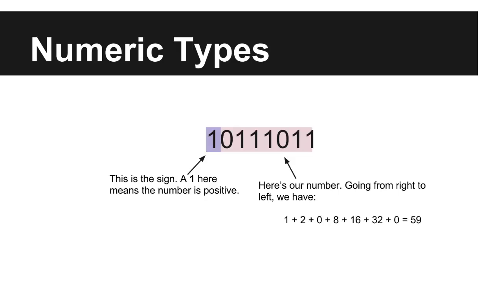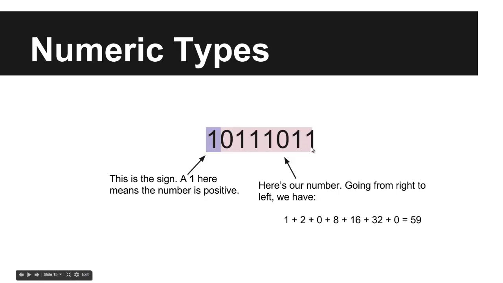And so with binary, this is a thing that you might have to look up if you want to really spend time with it. The easiest way to handle it is to go from right to left. So going from right to left, this is 2 to the 0, 2 to the first, 2 to the second, 2 to the third, 2 to the fourth, 2 to the fifth, 2 to the sixth. Okay?